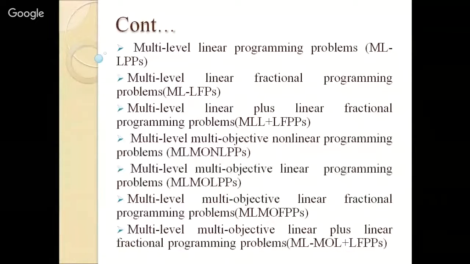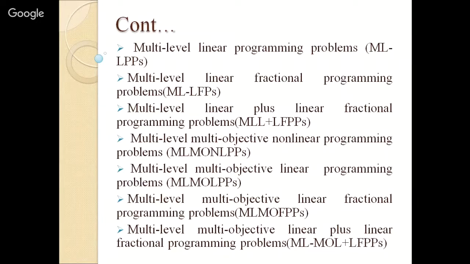Now the question is how you will find a satisfactory solution. We cannot say we will find the optimal solution, because in that situation finding an optimal solution is a very difficult task, right? Suppose there are three levels, say central government, state government, and so on.